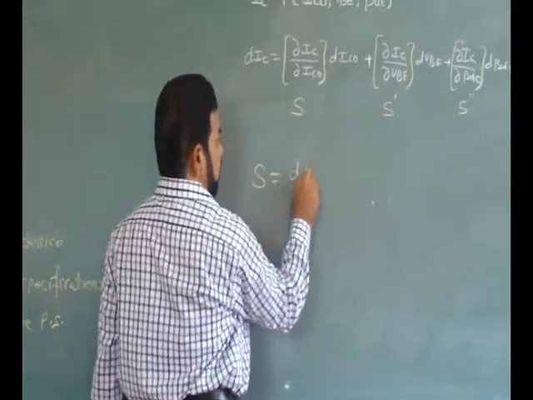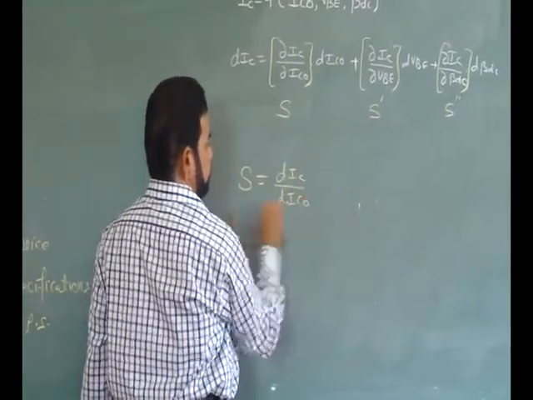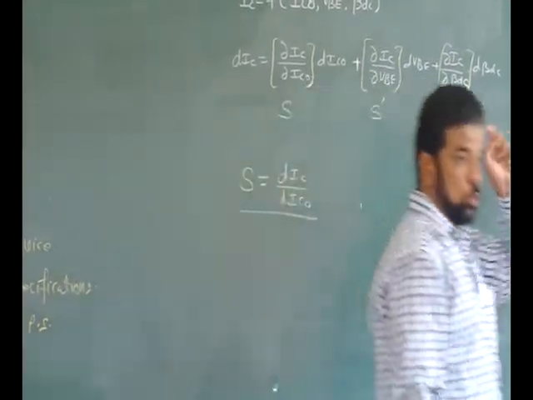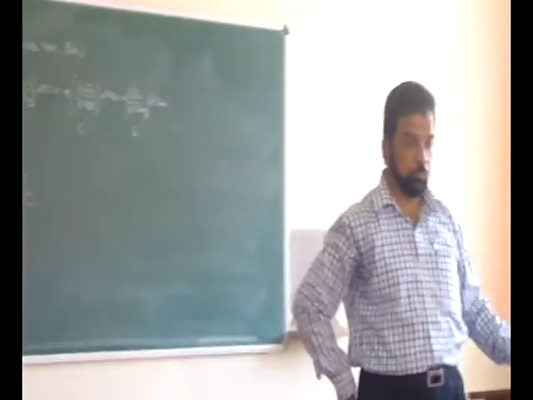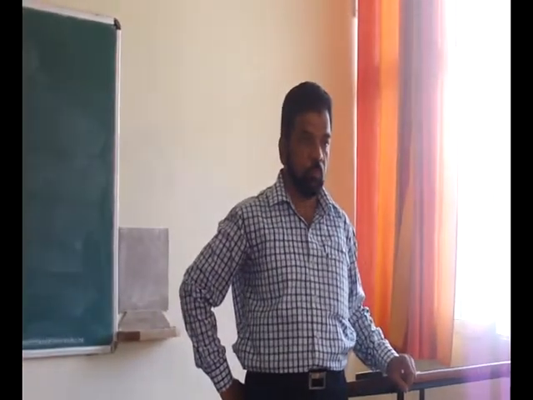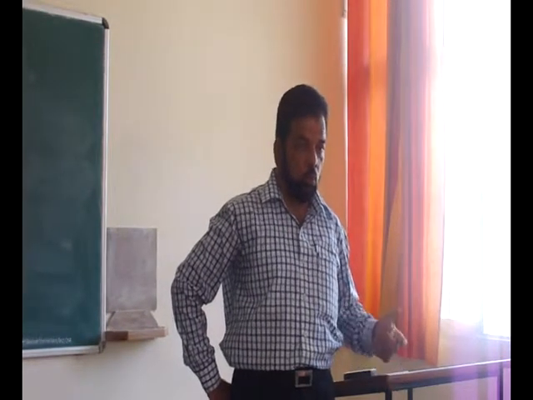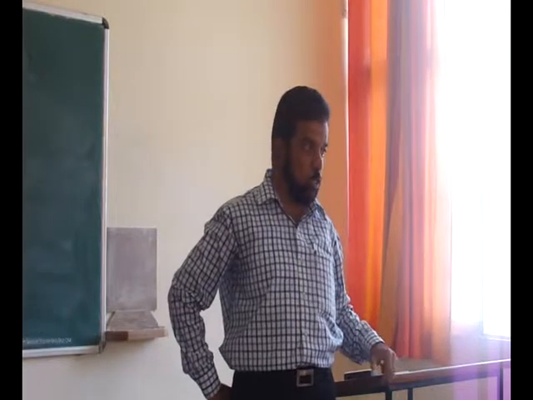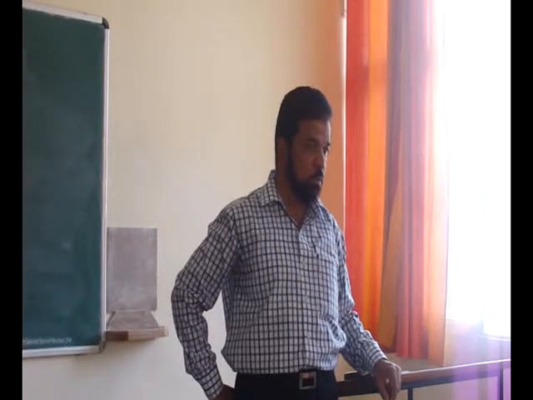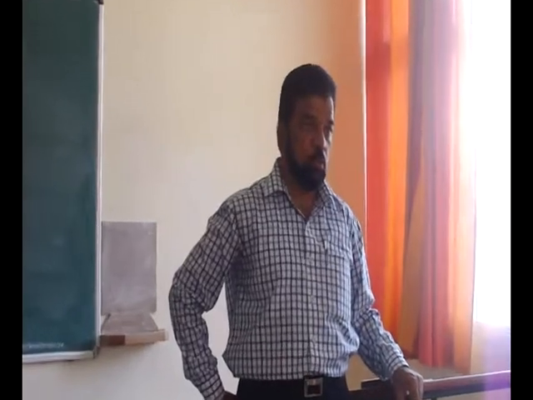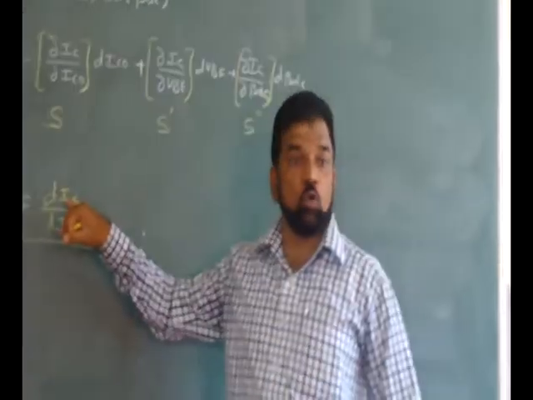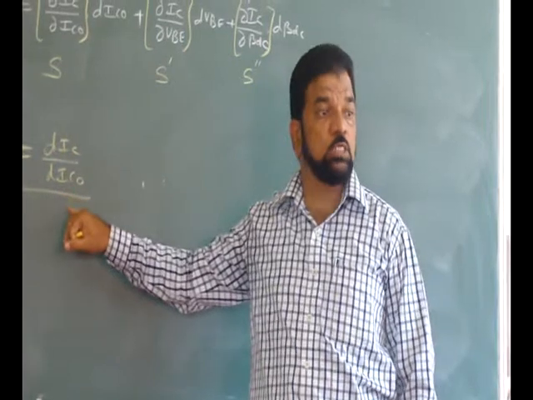So I will define this as dIC by dICO keeping these two terms constant. Which value of S are you expecting, lower side or higher side? Obviously lower side. S should be as small as possible. If your S value is on a higher side, it means there is more change in collector current due to change in leakage current.